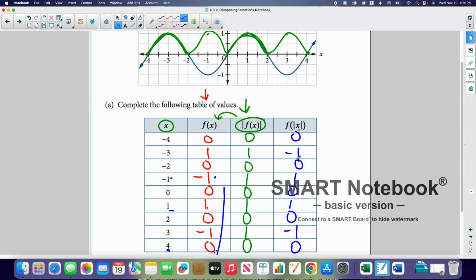Okay? Now, if you were to go graph this, if I were to graph these points, I've got -4, 0. I've got -3, -1. -2, 0. -1, 1. And so on this side, it looks like this.